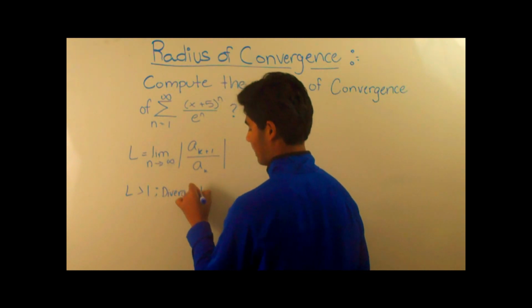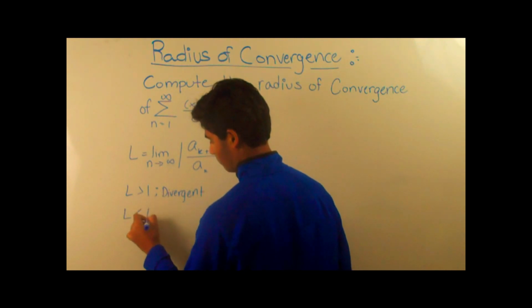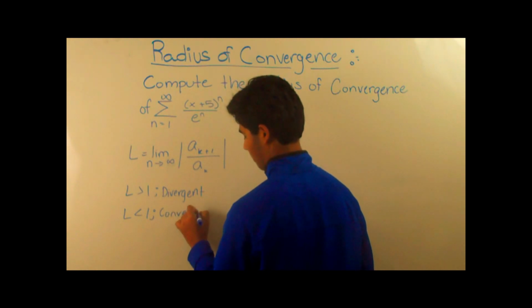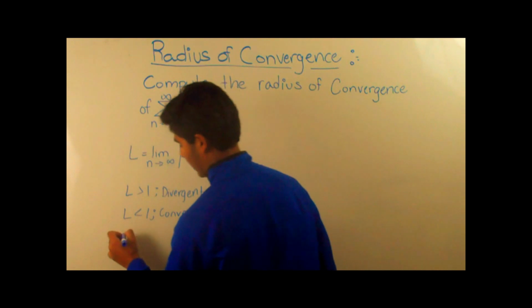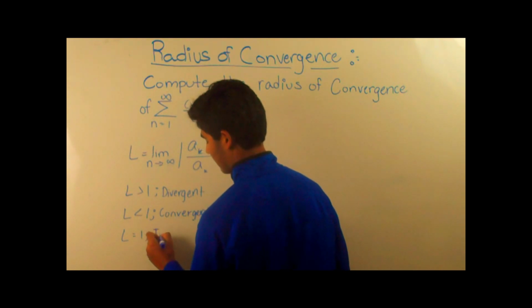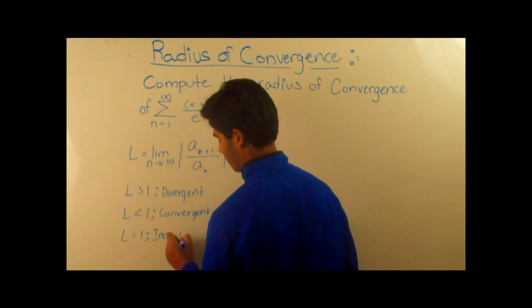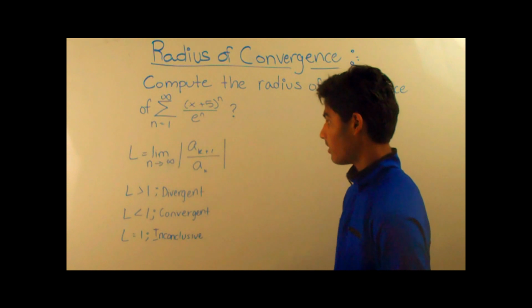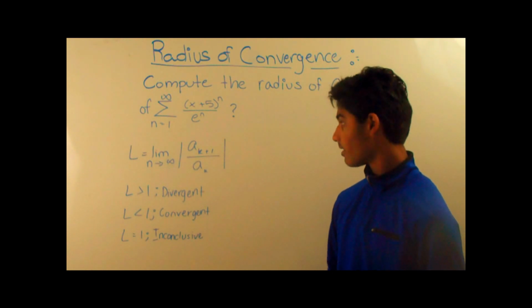If L is less than 1, then it's convergent. And if L is equal to 1, then the test is inconclusive, and you have to figure out another way to determine whether it converges or diverges.